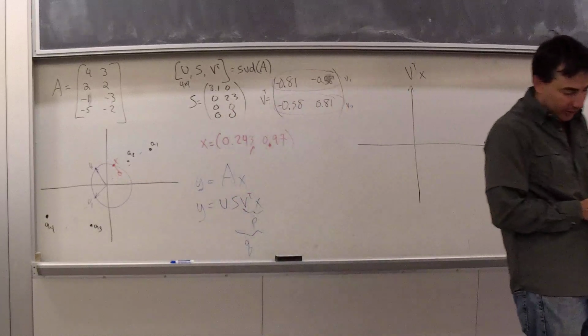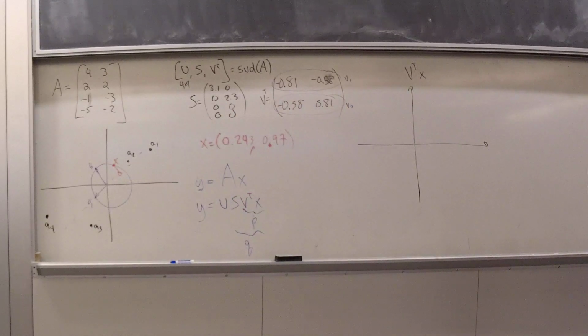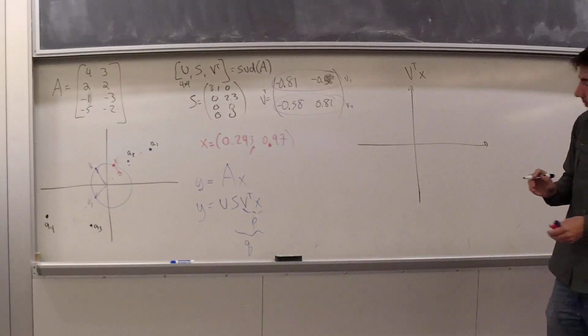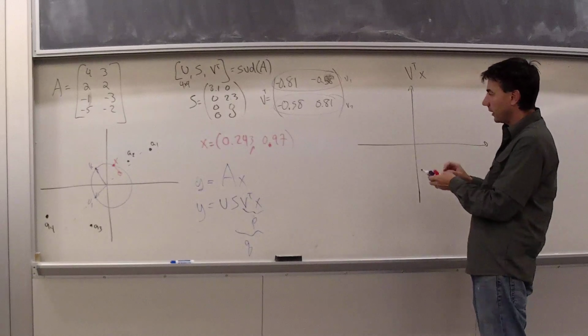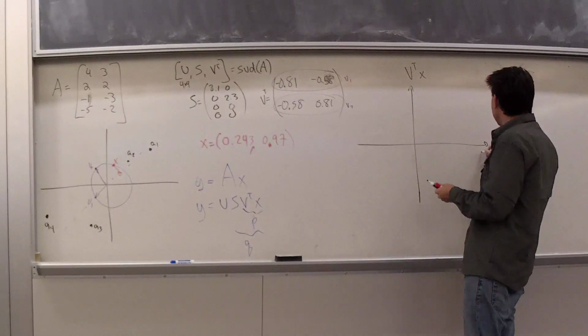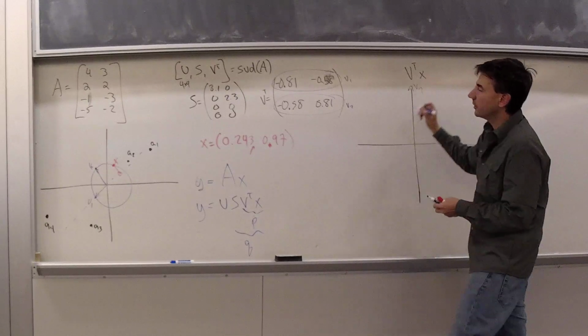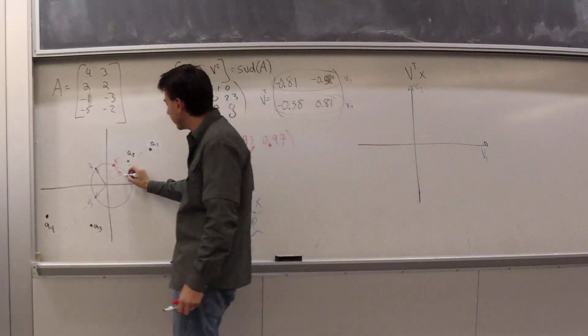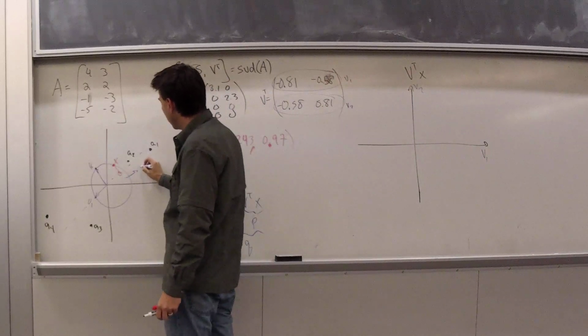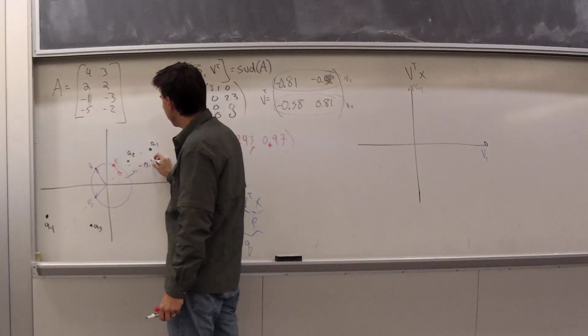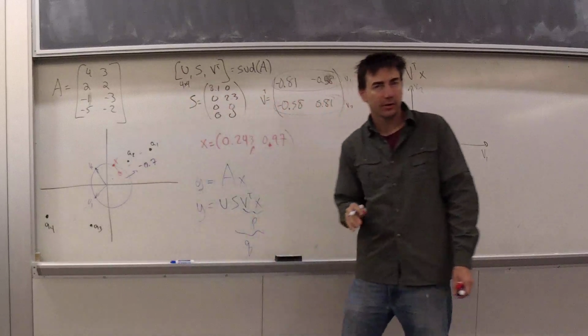What roughly is this value going to be? Conveniently, I didn't write that down, but okay. So let's see. This value will be about, let's say, negative 0.7, something like that.